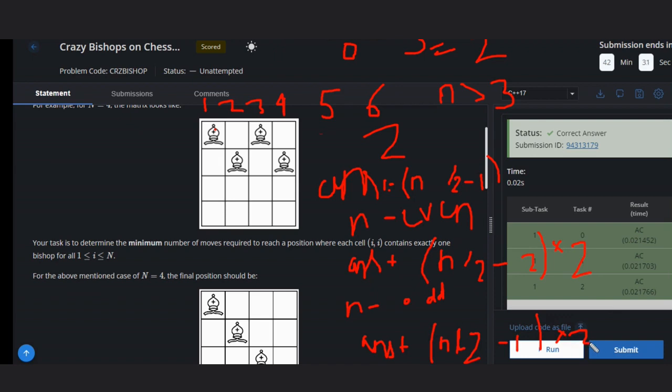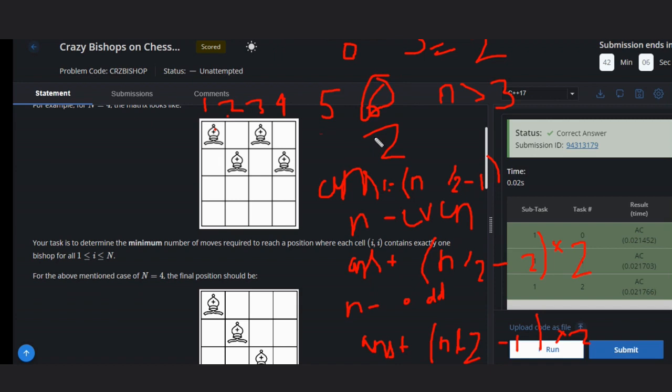You may be thinking why in the even case we subtract 2, and in the odd case just subtract 1. Because if n is even, then we have to delete the number 2, and then the last one also, because for the last, we have to make a single move only.